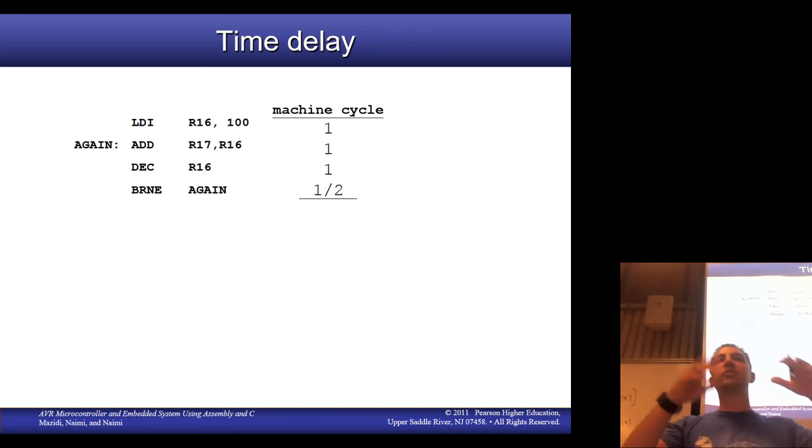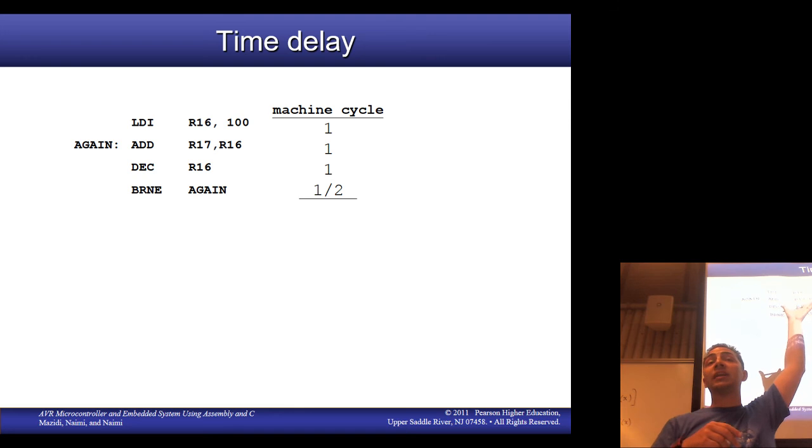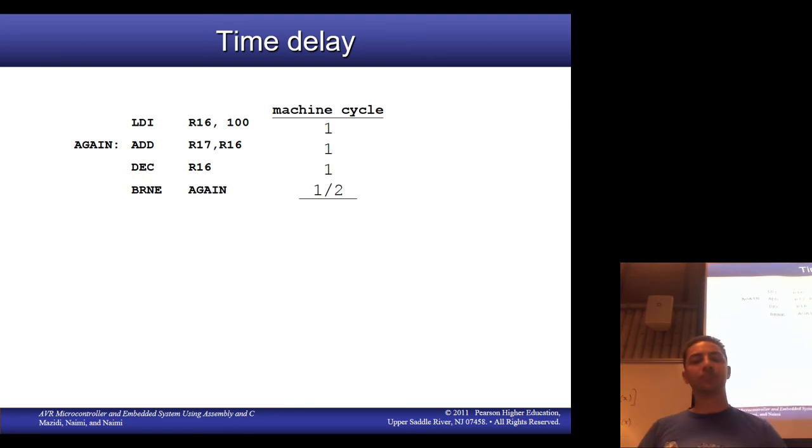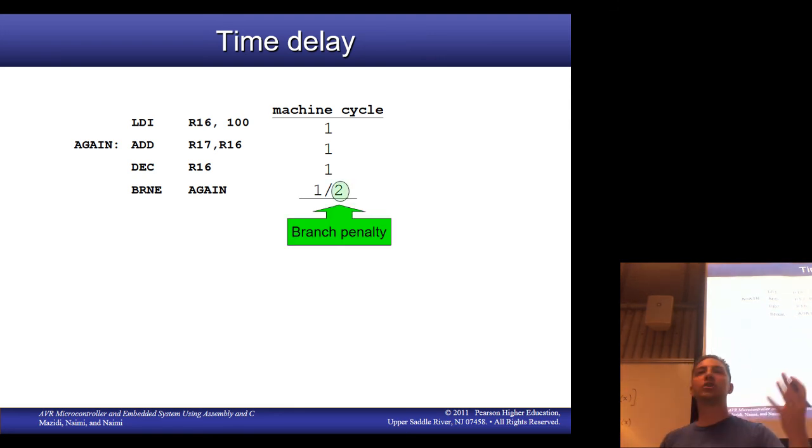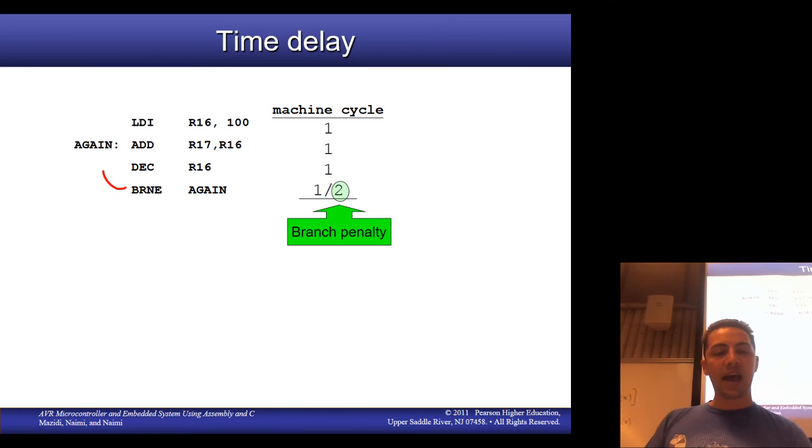There are 2 different ways it could go. It could branch back to again, or it could fall through. That extra cycle is usually called a branch penalty. It takes 2 cycles if it has to branch back, and it takes 1 cycle if it just goes to the next instruction.